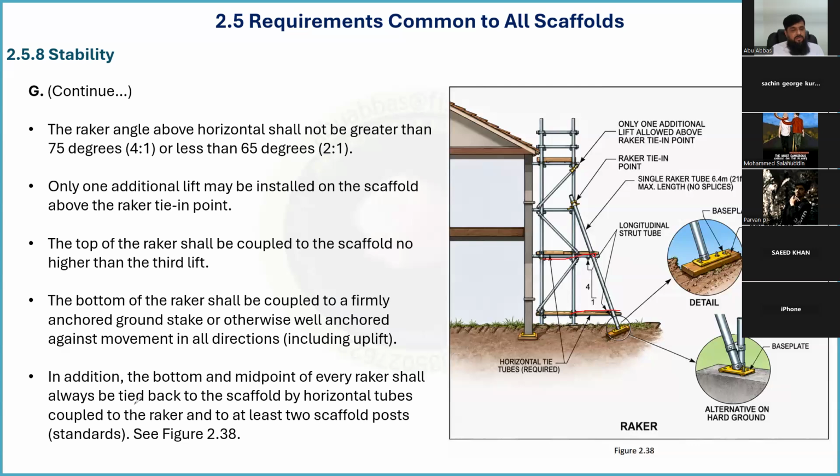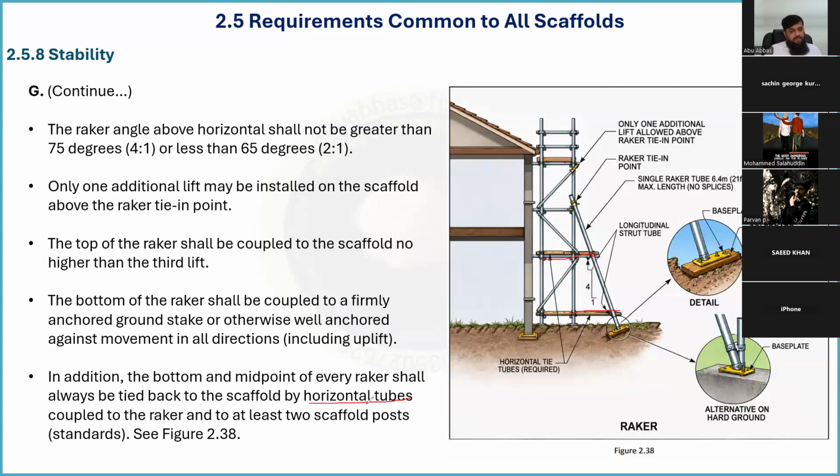The midpoint of every raker shall always be tied back to the scaffold by a horizontal tube coupled to the raker. This is a thing to remember: horizontal means the ledger, or transom. It can be, but because they are at the face direction, the facade, they are going to be with the runner or transom, coupled to the raker and to at least two scaffold posts.